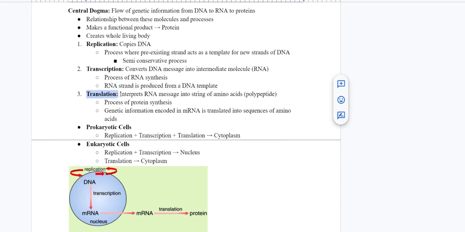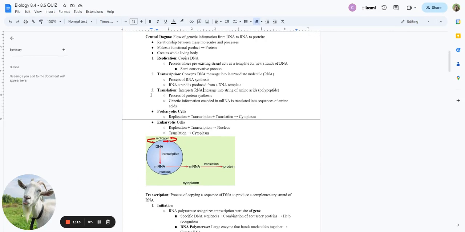Next, we have translation, which is when the RNA message is interpreted and it makes protein. So translation is the making of protein. And so the information that's inside the mRNA, which is messenger RNA, is translated into sequences of amino acids which are then combined to make protein.